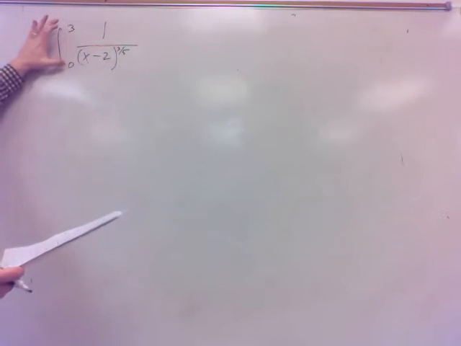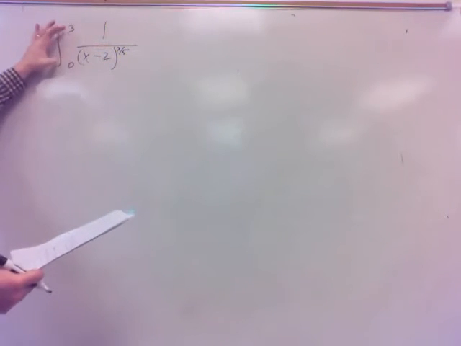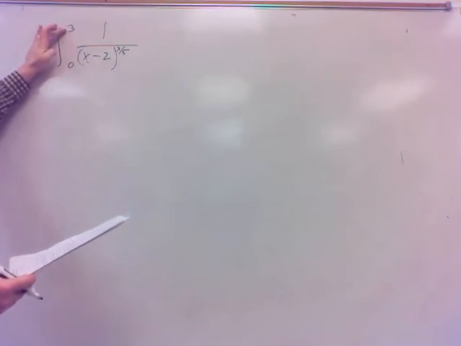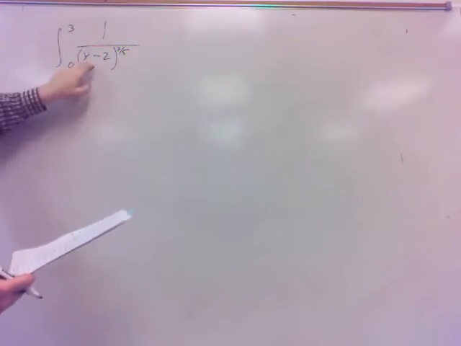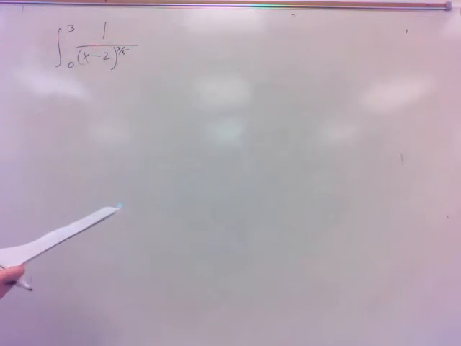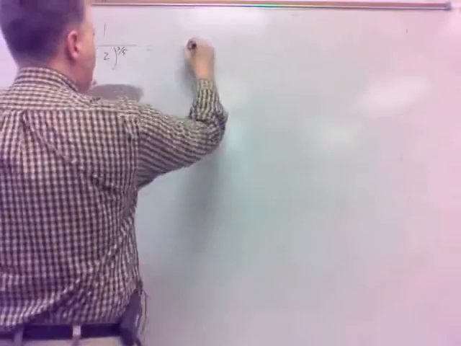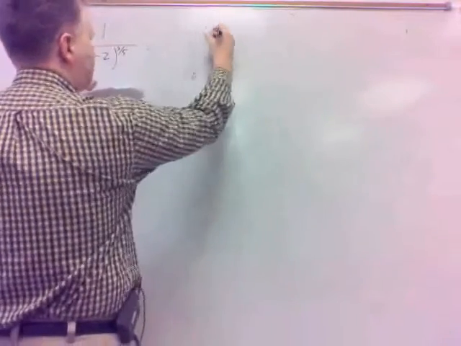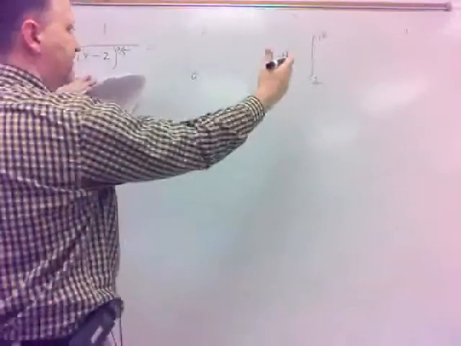If I wasn't going through 2, this would be no problem, right? It would just be power rule. If this was 3 to 5, I wouldn't have to do any of this. But since it goes 0 to 3, and I've got x equals 2, it's an undefined place. What am I going to do? Well, this is like the negative infinity to positive infinity thing, sort of. I'm going to split this up. I'm going to go 0 to 2, and then 2 to 3. Because then I can do my t-limit stuff with that.